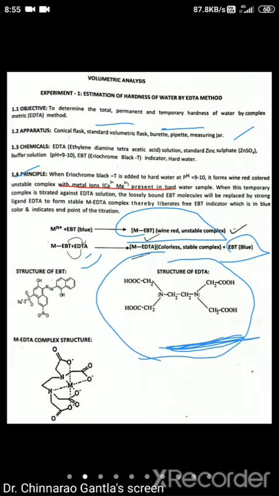When the stable complex is formed with the reagent EDTA, blue color is formed. That is the basic principle. At the stable point, we estimate how much hardness is in the water. That is important.